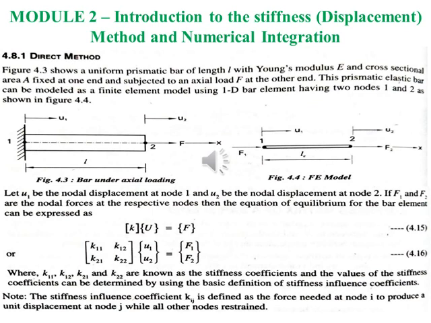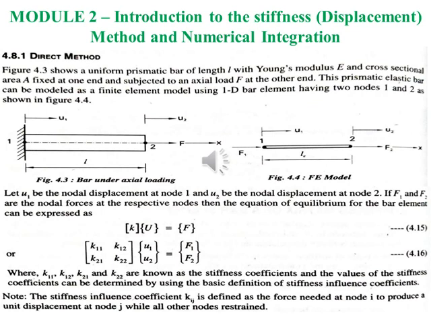So this prismatic elastic bar can be modeled in the finite element model using a one-dimensional bar element. This bar element will have node 1 and node 2, which is represented in figure 4.4 on the right side of your screen.